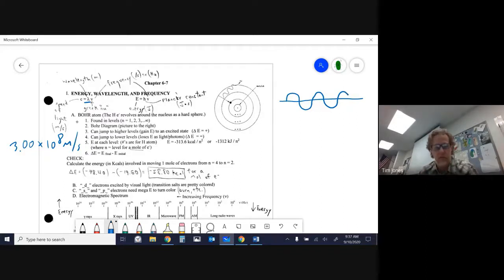One wavelength is how much distance is it between repetitions. So from here, and notice it goes up, down, and then here. That distance is the wavelength. And you don't really need to know my drawing here very much. That's more of a physics thing, but it gives you something visually to think about.